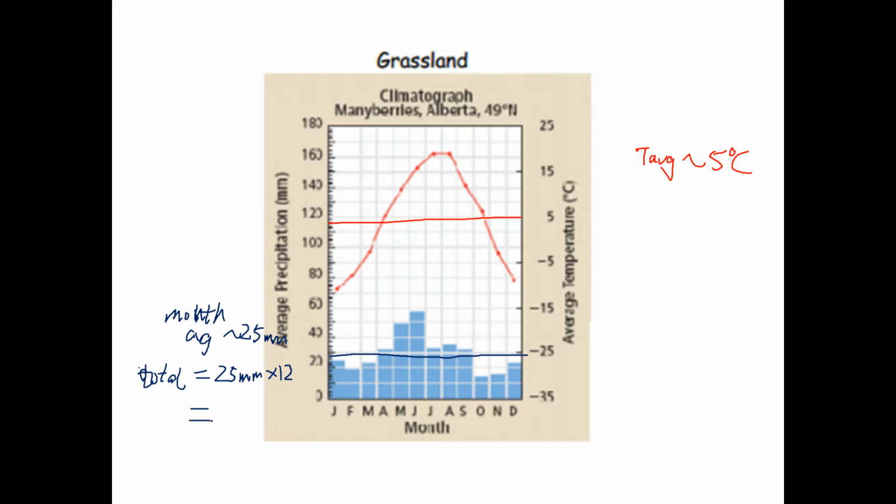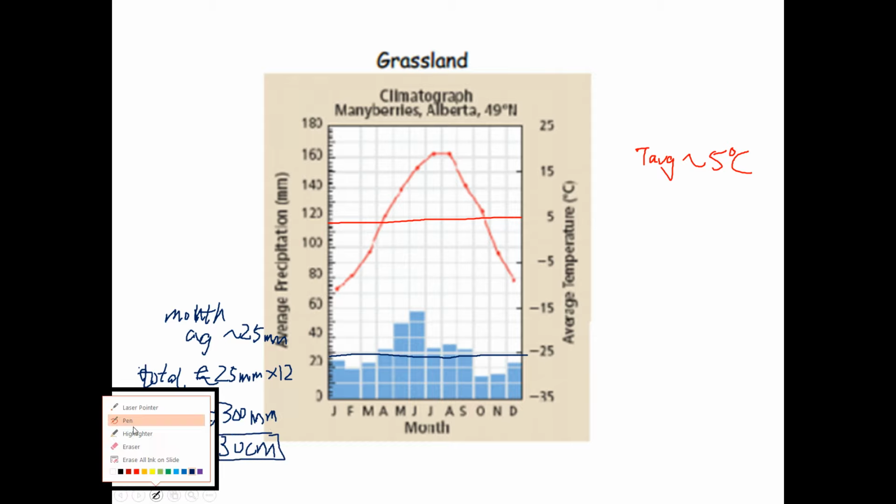And if I do that correctly, that's about 300. You can check my math, but I think it's 300 millimeters, which is, I should use an approximate sign because everything's approximate here, approximately 30 centimeters. Hey, that falls into our grassland region, right?